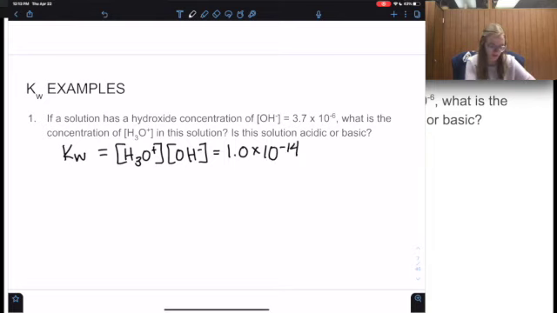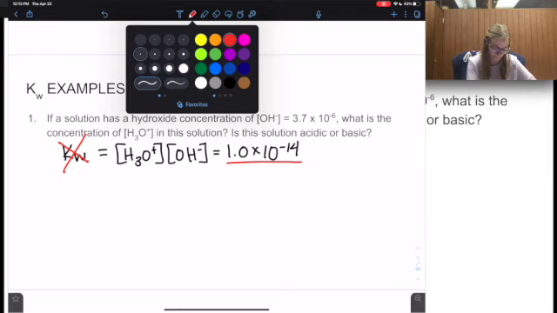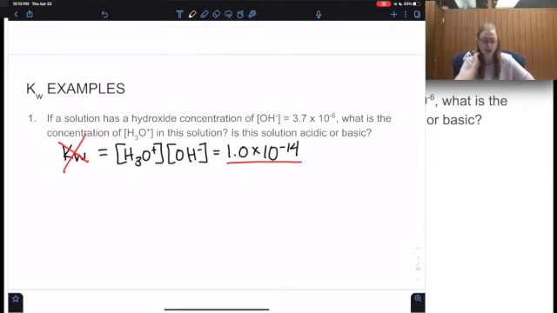What I want you to remember about this equation is that Kw is not actually a variable. We already know what it equals: 1.0 times 10 to the minus 14. So when we're plugging into our equation, we're not worried about filling in that value.